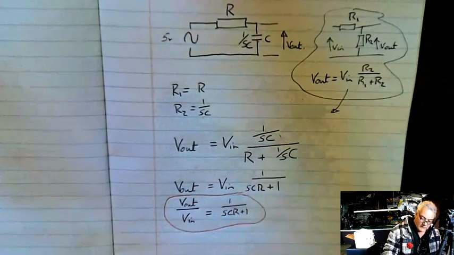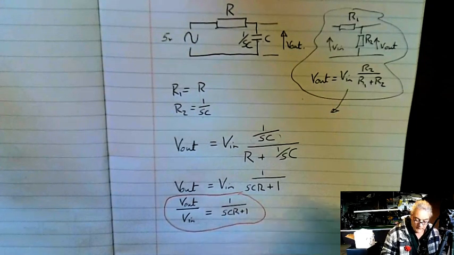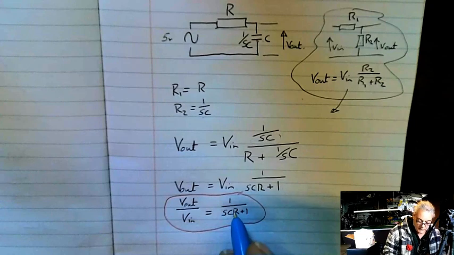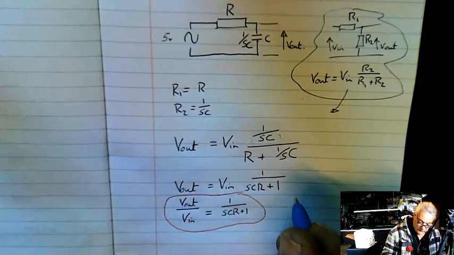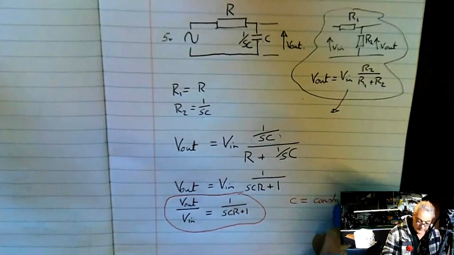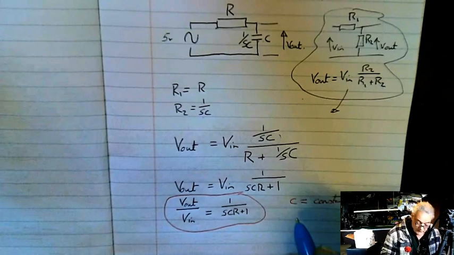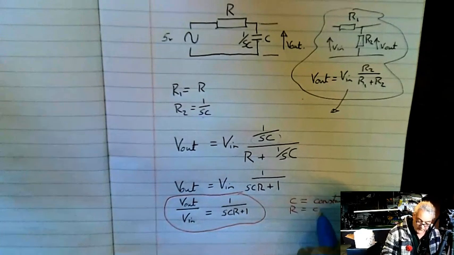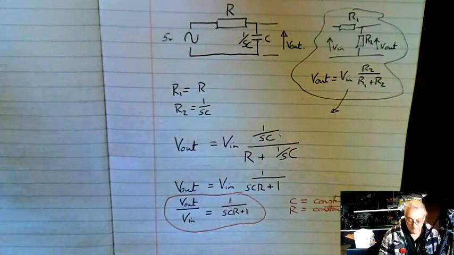Well, that thing there tells me quite a lot of information, because C is constant, unless I unsolder the capacitor and put a different one in. R is constant, unless I unsolder the resistor and put another one in.